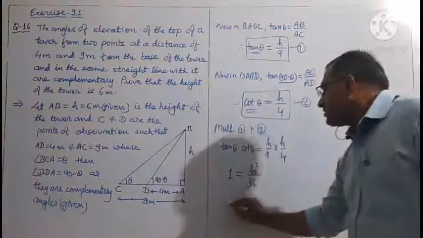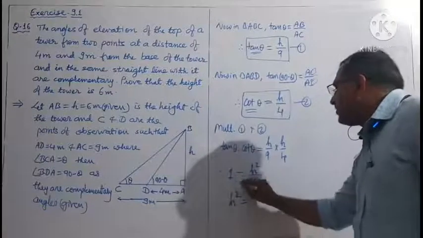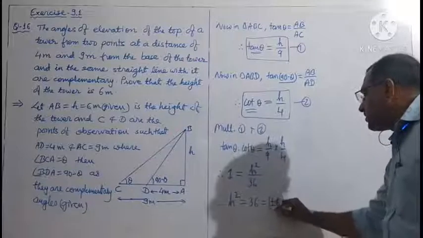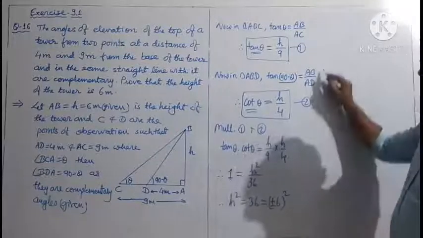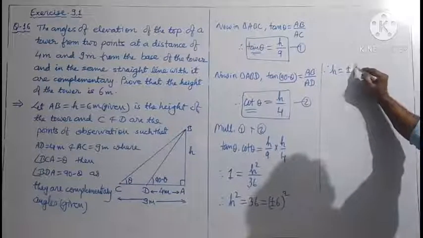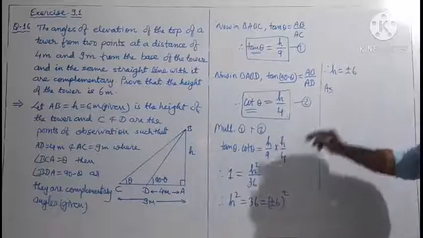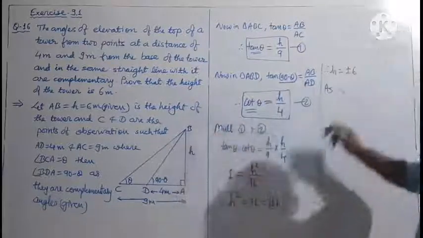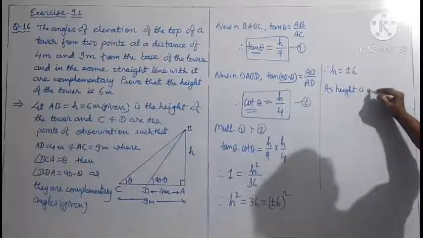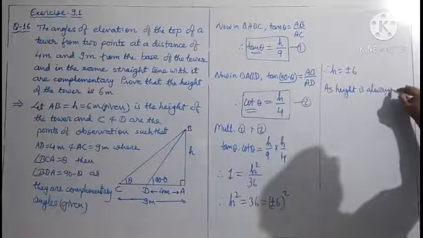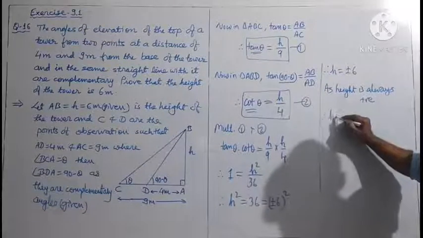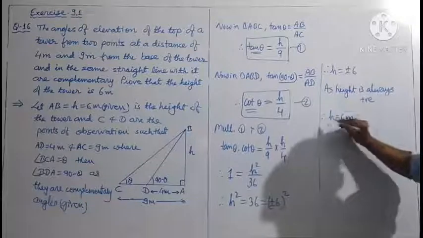So h square is equal to 36, that is 6 the whole square, and therefore h is equal to plus or minus 6. As height is always positive, h is equal to 6 meters.